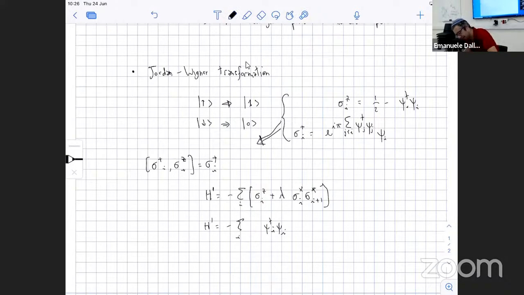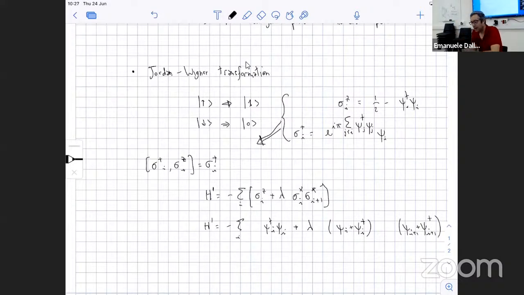The problem is this other term. Here you have a plus lambda, and you need to take sigma x i and sigma x i plus 1. So sigma x i is basically psi i plus psi i dagger, and sigma x i plus 1 is going to be psi i plus 1 plus psi i plus 1 dagger.